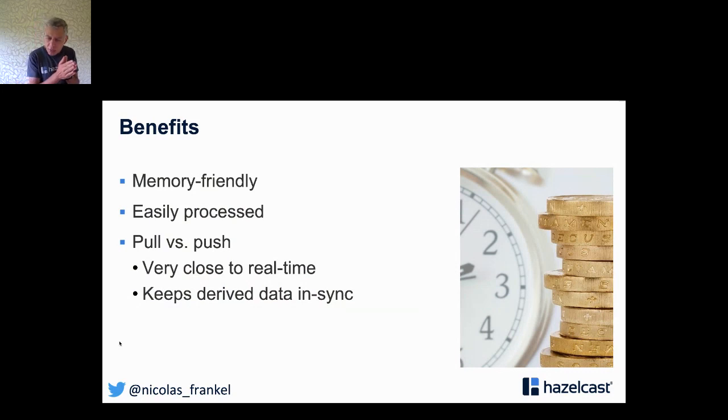Meaning that if we have data and we need to replicate it somewhere, the replicated data is very close to the source of truth, meaning we can have near real time, because there is no such thing as real time. Even light takes time to travel from one place to another. So if you hear real time, it doesn't exist, but let's say close to real time, near real time.